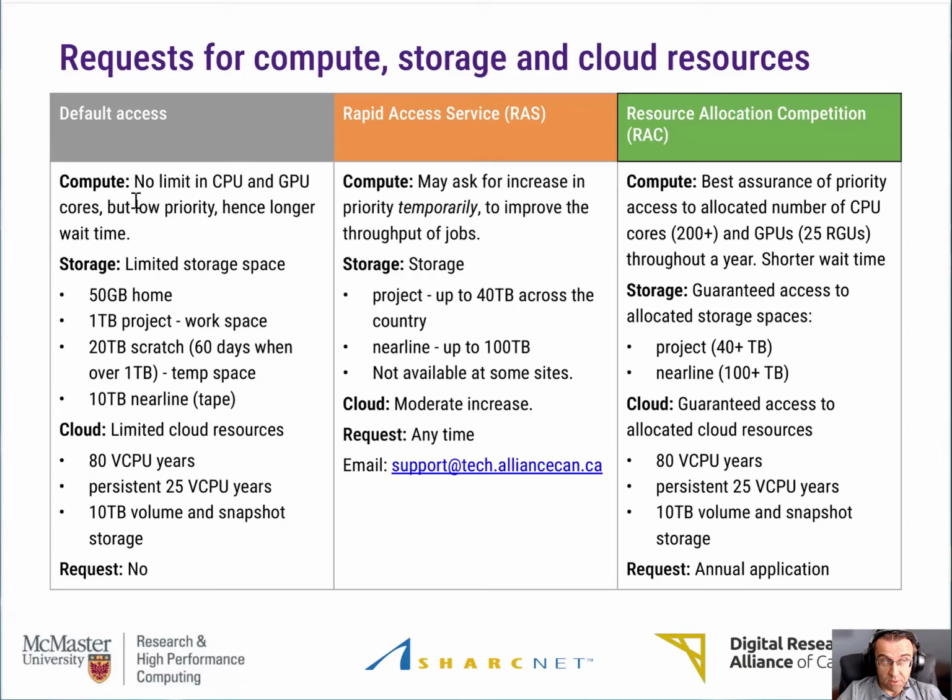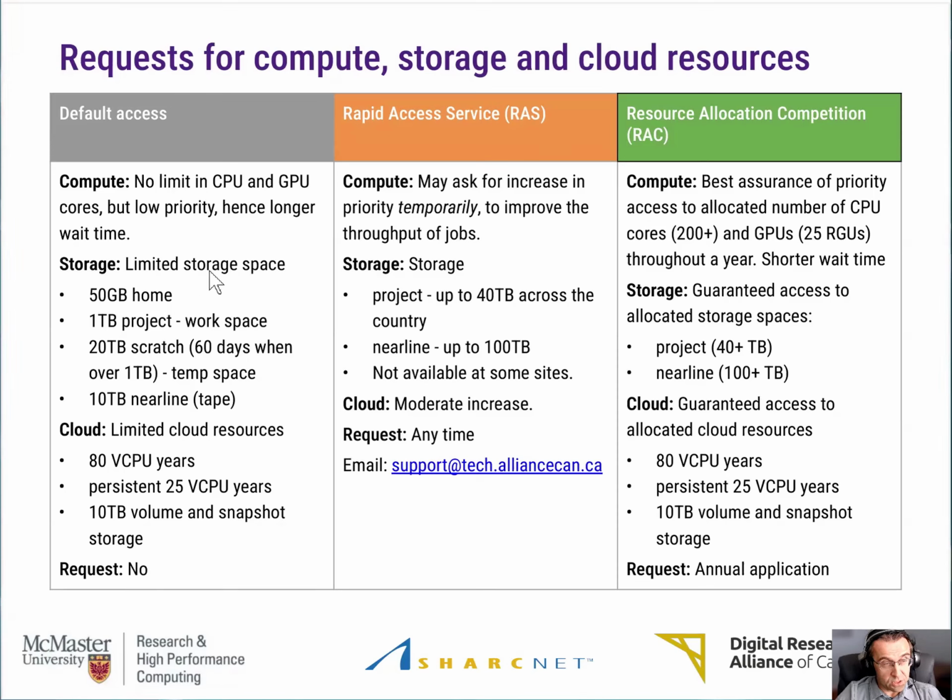In terms of compute, you can have access to any amount of CPU cores or GPUs in principle, but you have a lower priority compared to some of the higher levels of access, like a RAC, for example. But for most researchers, that's just good enough. As long as you don't ask for too many CPU cores and too many GPUs, your jobs don't wait in the queue too long, so your computation proceeds at a good pace.